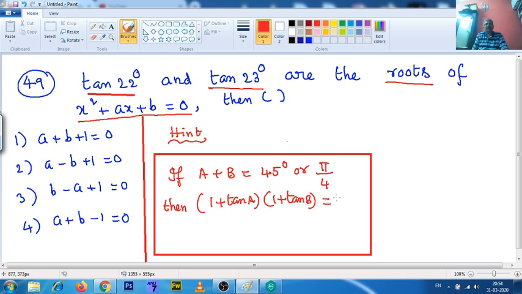This is a very important result in compound angles, you need to remember. Based on this one, in compound angles you may get questions. This is the concept behind this one.